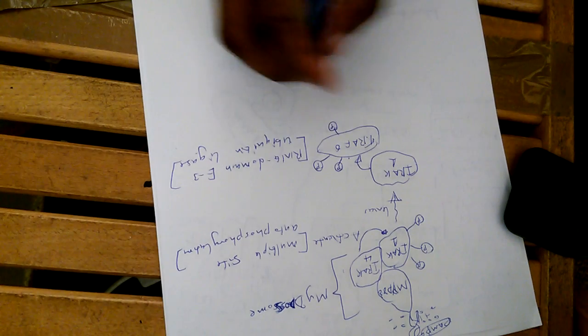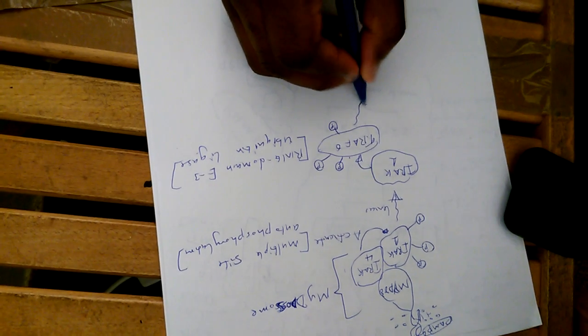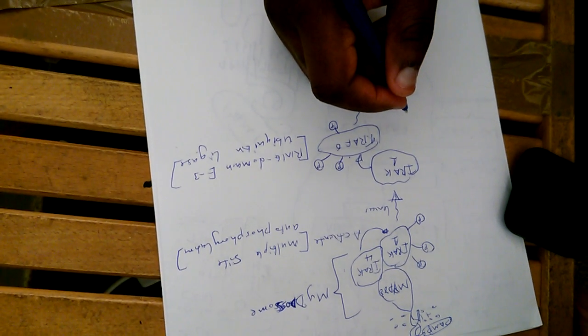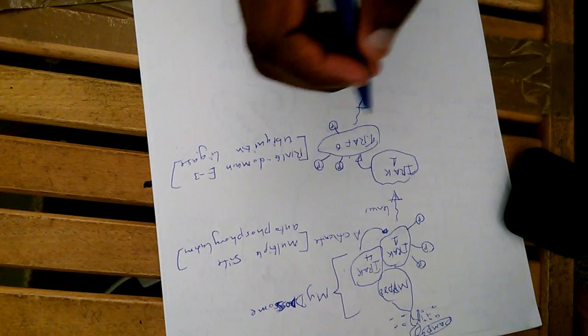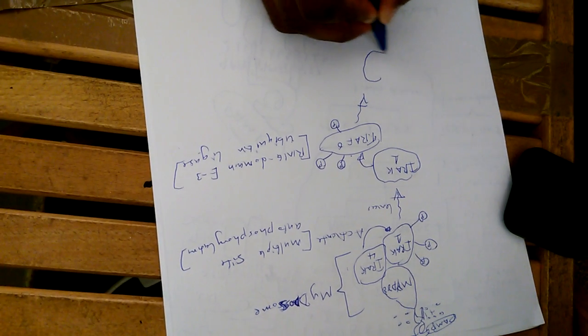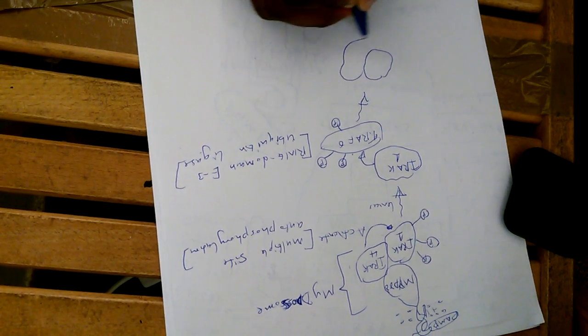When TRAF6 is activated, and if you don't know what ubiquitination is, it's just sticking a ubiquitin group on top of a protein, leading to the protein's destruction. So when it's activated, it goes ahead and forms a complex with two other proteins.